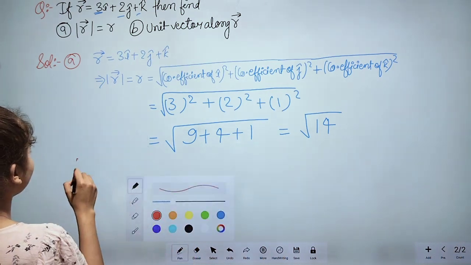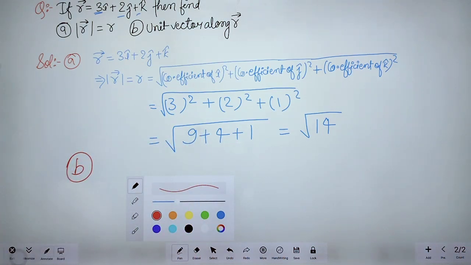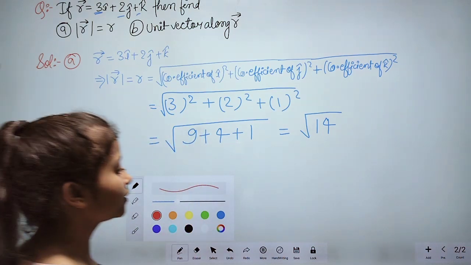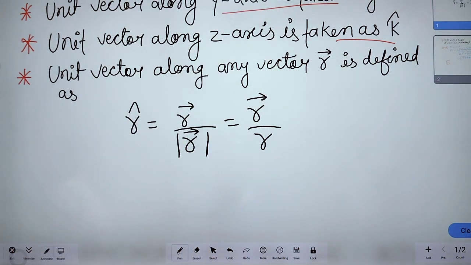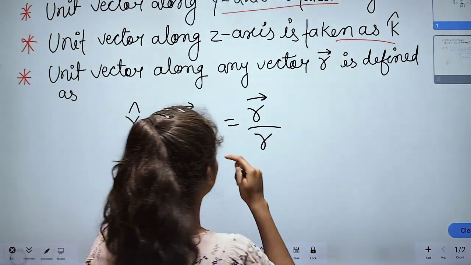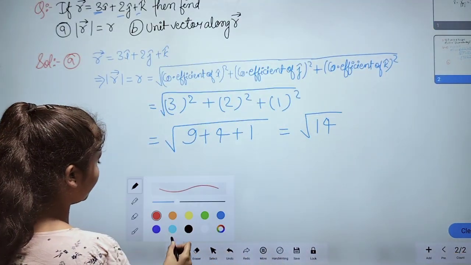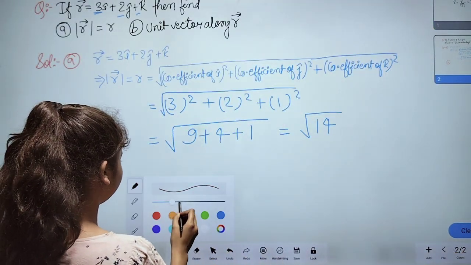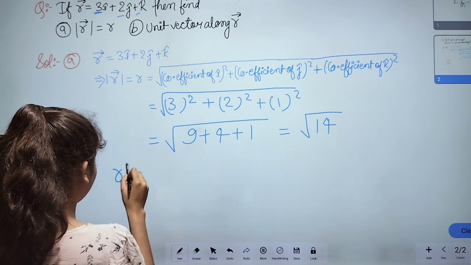Now in the second part we have to find the unit vector along r vector, and we all know that the unit vector along any vector is r cap is equal to r vector by the mod of r vector.